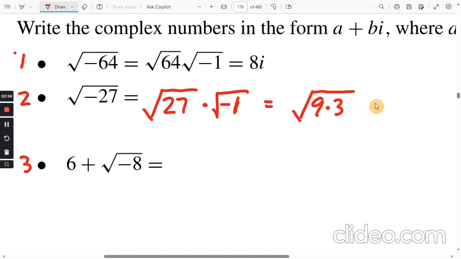And the square root of -1 is just i. This i is outside of the square root, by the way. We know the square root of 9 is just 3, so if I take the square root of 9, I can cancel out the 9 and bring the 3 outside. So that's just going to be 3 radical 3 times i.